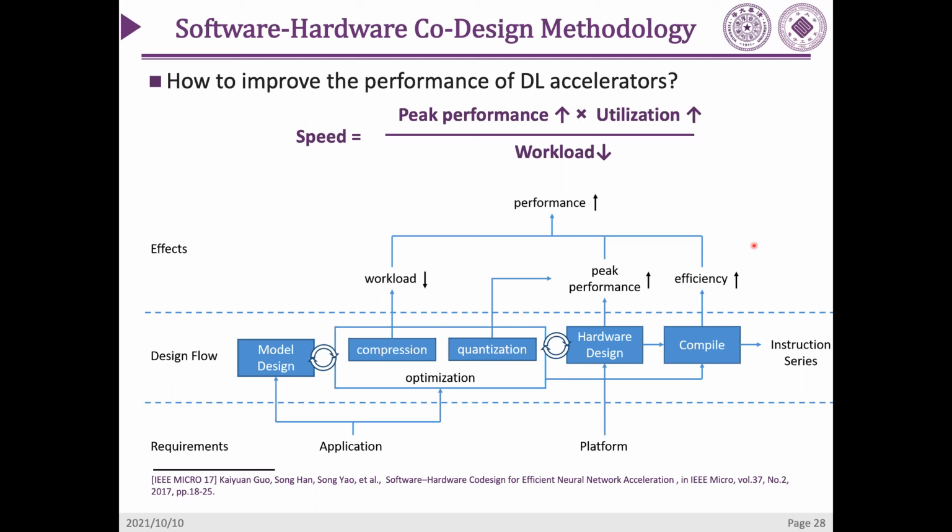And when you do a task, only 10% of the 100 people are working. How to make everybody work, that means how to make all the 100 people work, is the efficiency improvement. So the peak performance improvement is related to quantization and hardware design.